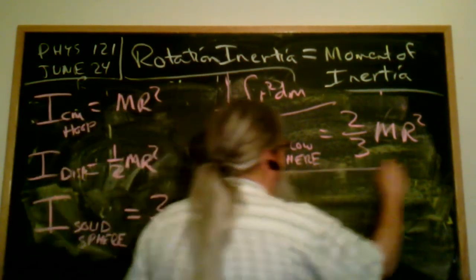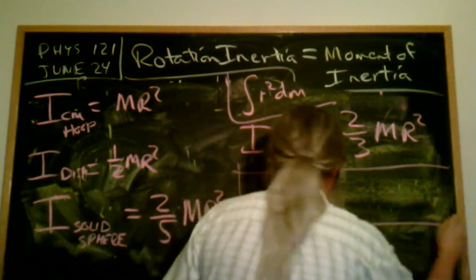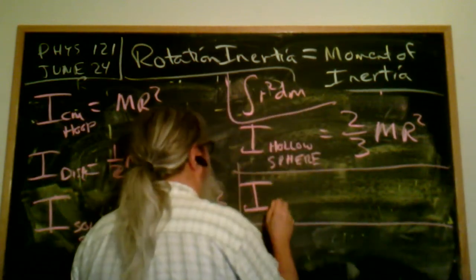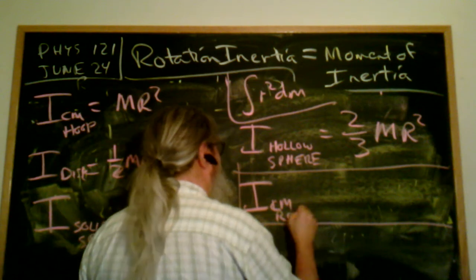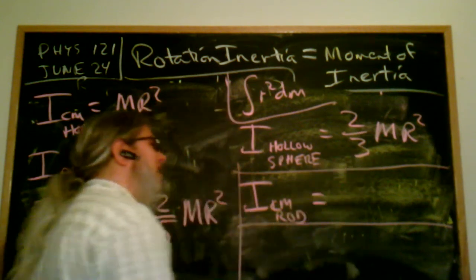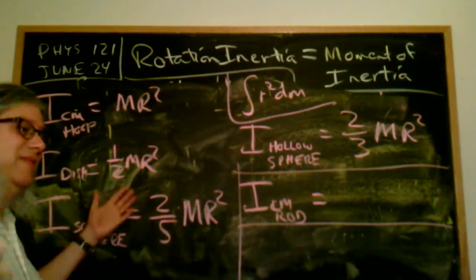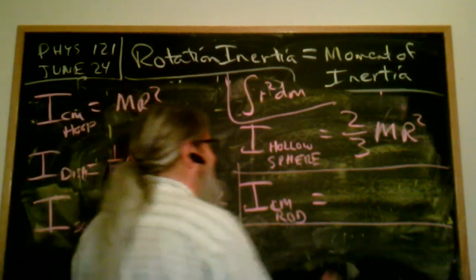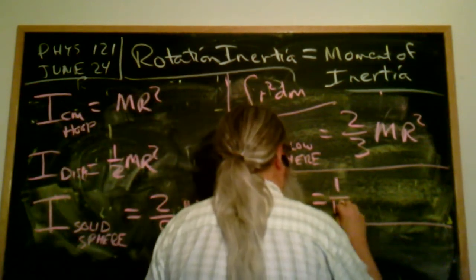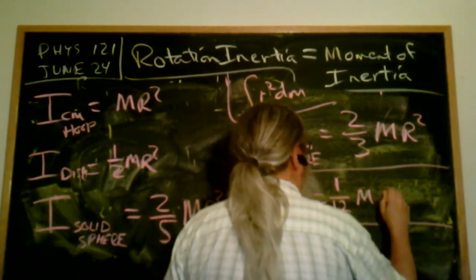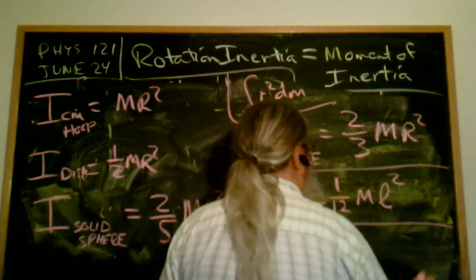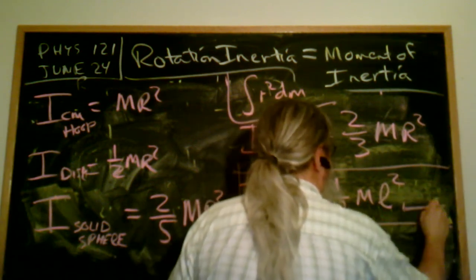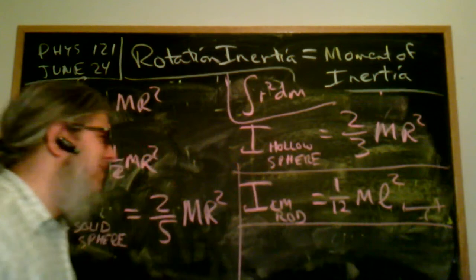There's 2 other results that you want to know. I about the center of mass for a thin rod is equal to, well, it turns out you do the calculus, this rod has very little stuff outside, almost all of the stuff inside. You get a very small number, 1/12 m times, I'll write this as a little script L squared, where L is the length of that rod.